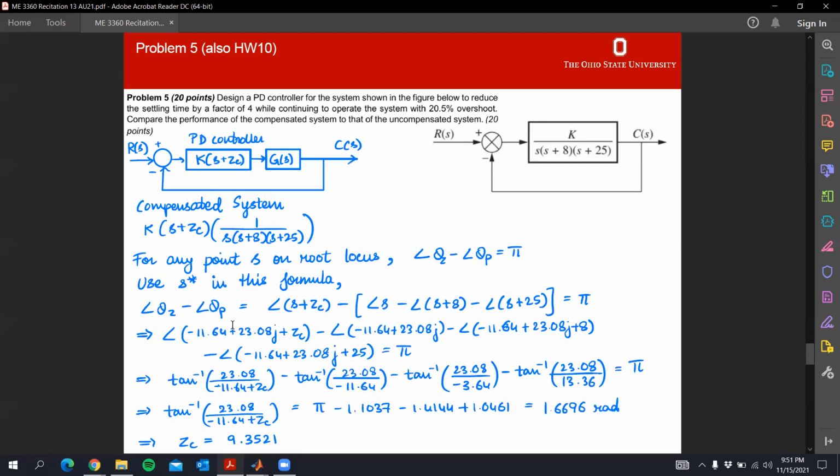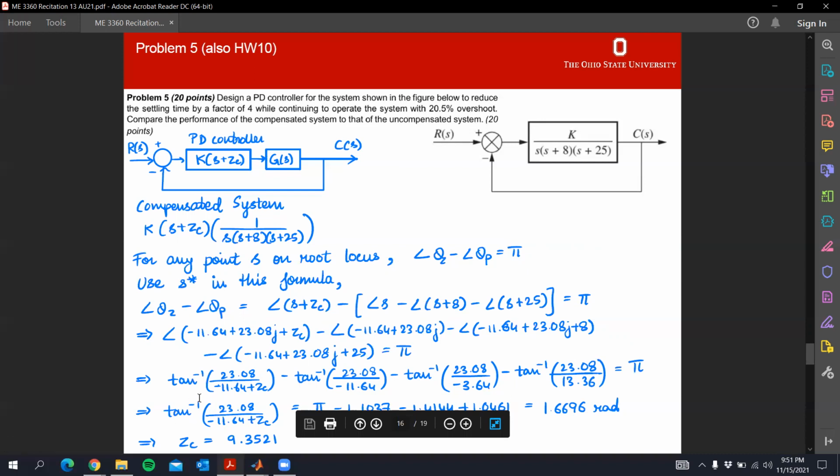So we can plug in our new S star coordinates here, and you can see that we have a bunch of angles that we need to calculate. As we had discussed in class, these angles can be evaluated with the tan inverse of the imaginary part at the top and the real part at the bottom. That's what I'm doing for each of these angles.